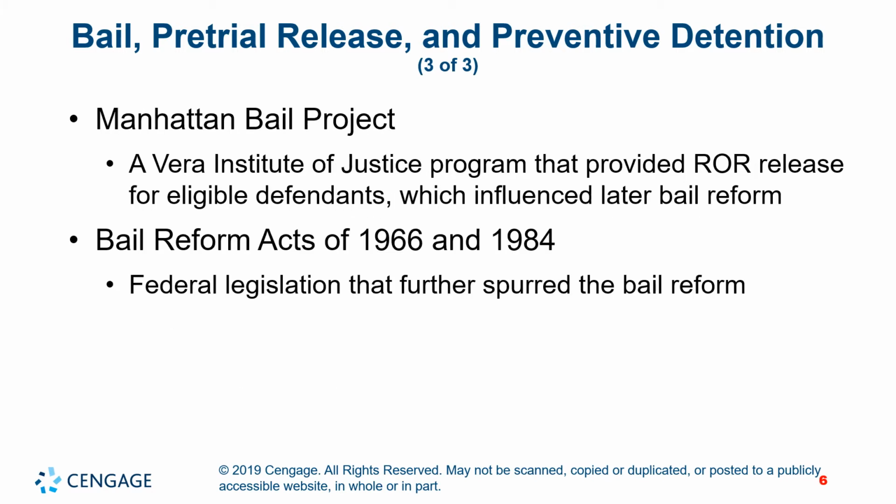The Manhattan Bail Project is a Vera Institute of Justice program that provides ROR release for eligible defendants, which influenced later bail reform. The Bail Reform Acts of 1966 and 1984 are federal legislation that further spurred bail reform.